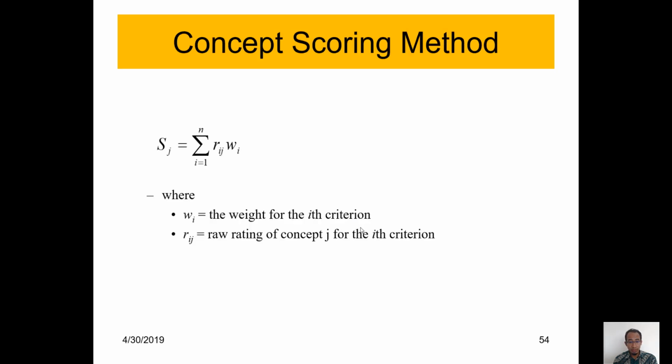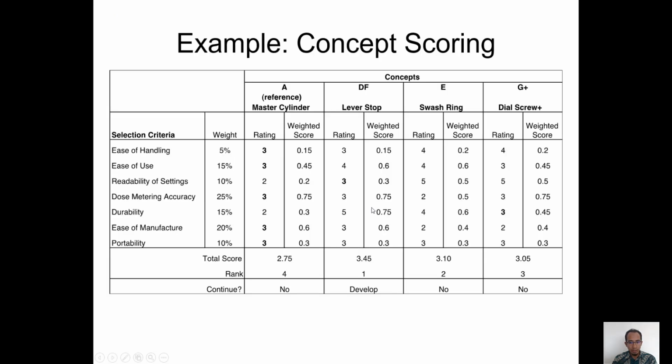So this is the scale for rating. So okay, this is the concept scoring method, in which the score is the accumulation of R times W, where R is the raw rating of the concept and W is the weight of the criterion. We will see how to do that.